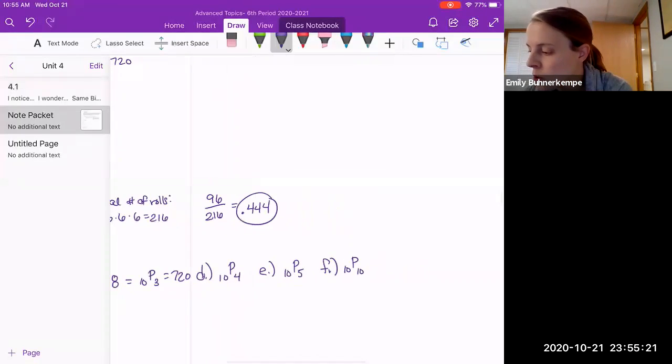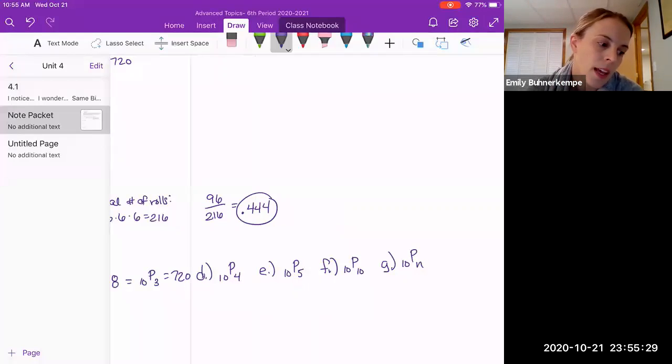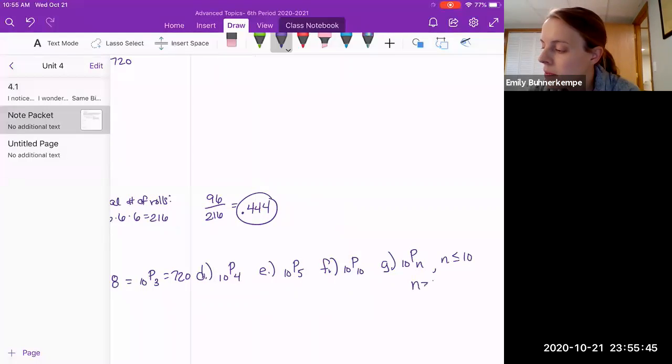So in general, you could do 10 permute n, as long as n is at most 10 and an integer. If n is greater than 10, you're not going to get any pins, because you wouldn't be able to have different numbers if you needed, for example, an 11-digit PIN. You'd have to repeat something.